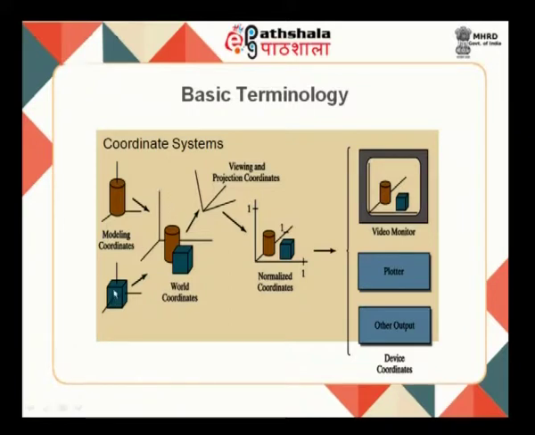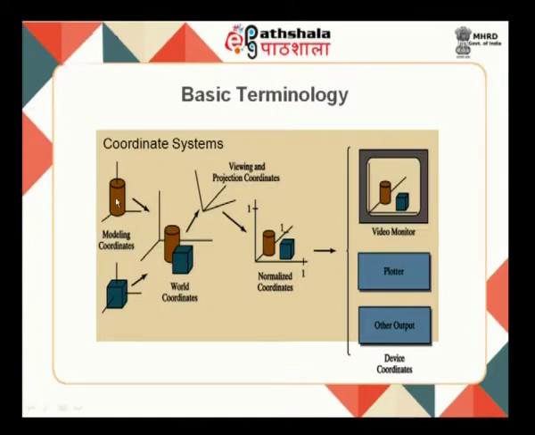And when we place all these objects in the 3-dimensional world, that is, imagine a reference position as shown here, which we call the world coordinate system, and when we place all such objects in this coordinate system, we call it the world coordinate system. Now, all these objects assume world coordinates.